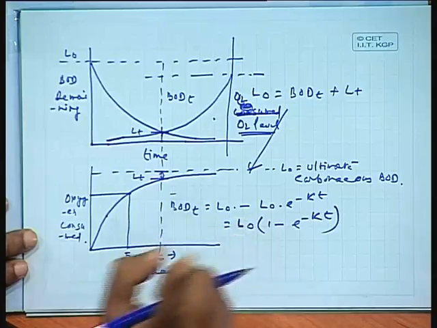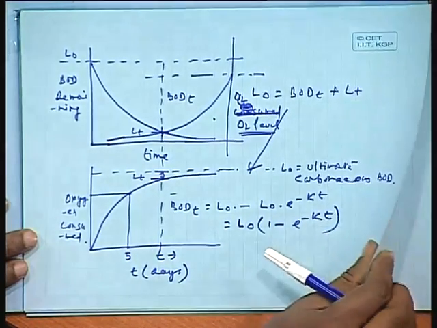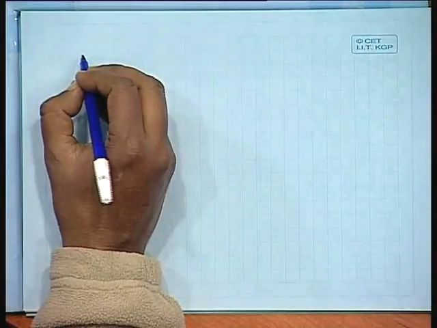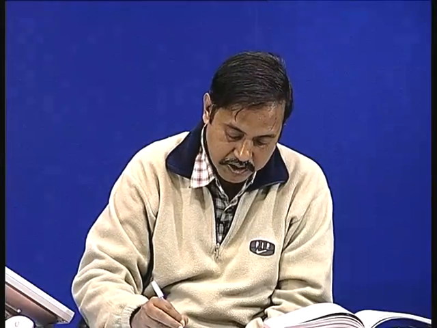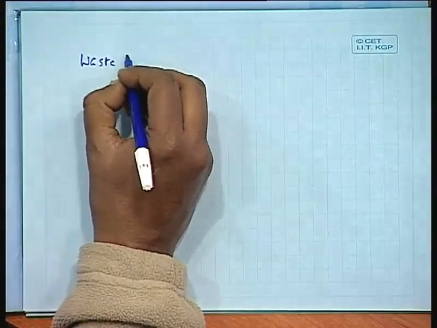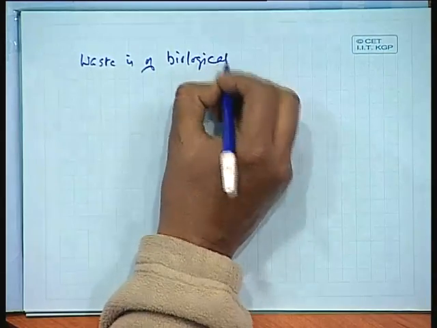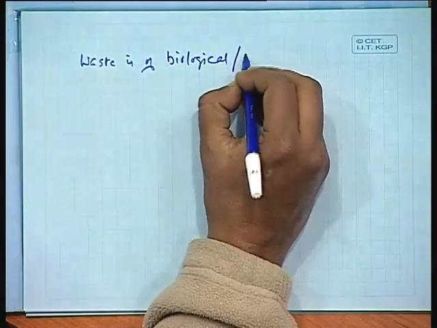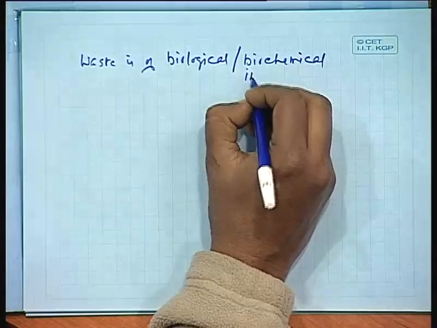Now, there is one important assertion I just want to make. This is very important for all of us. These plots are true and particularly important when the waste is biological or biochemical in nature.